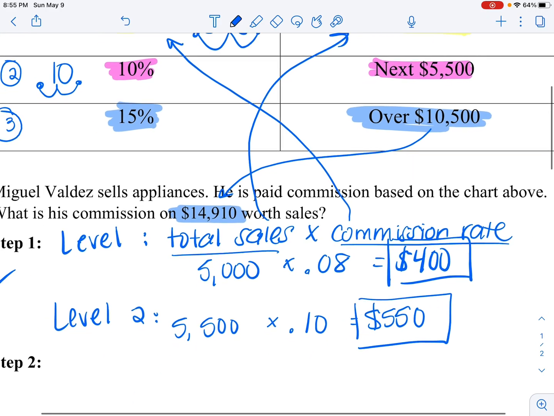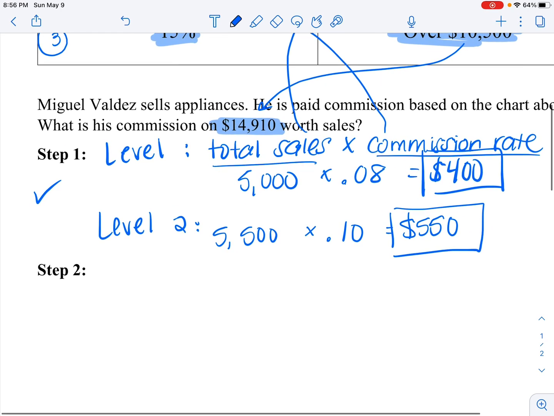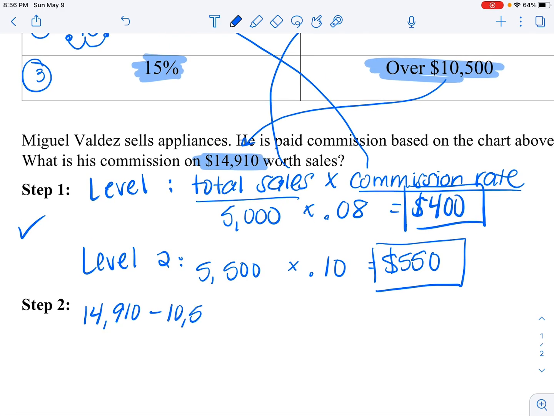So we should remember from today that our step 2 requires us to use subtraction. And we always take the bigger number first. So we're going to take that 14,910 and we're going to subtract our smaller number, 10,500.